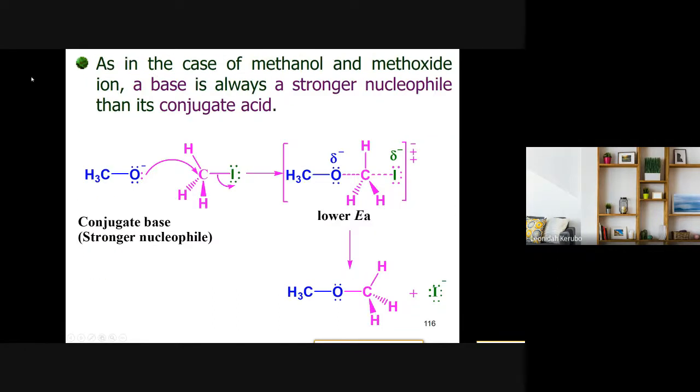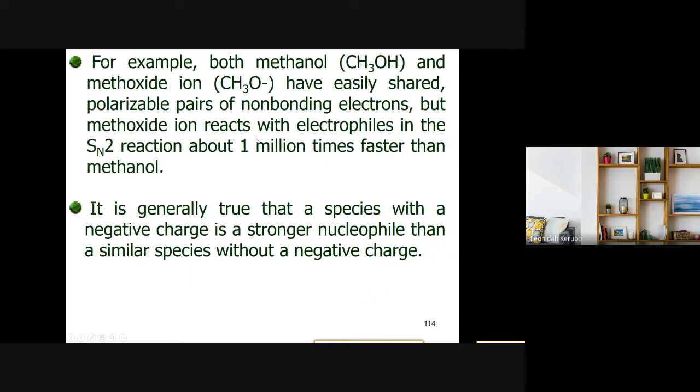As in the case of methanol and methoxide ion, a base is always a stronger nucleophile than its conjugate acid. So if you consider these two, this is the base and this is the conjugate acid of this base.